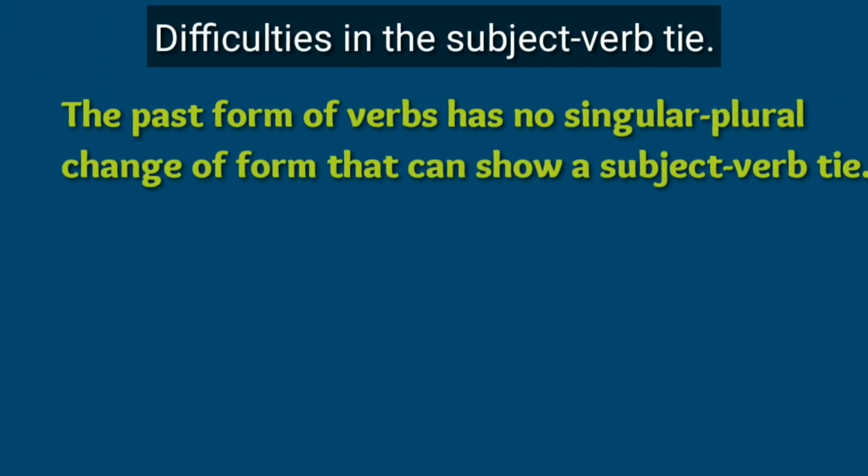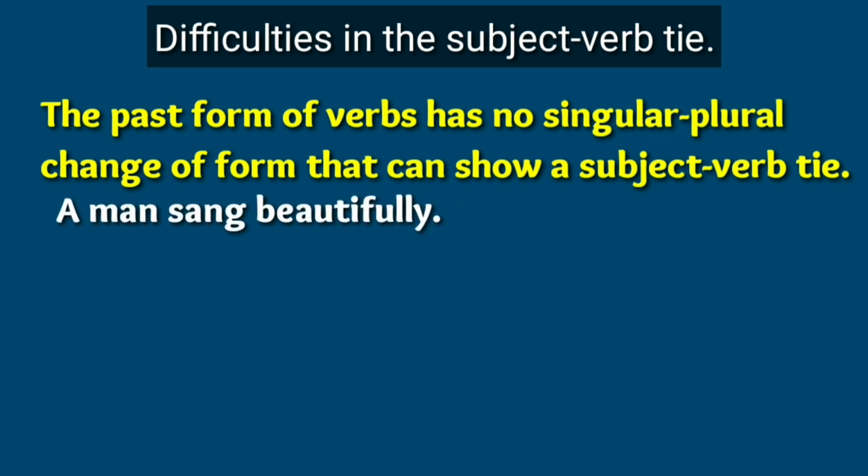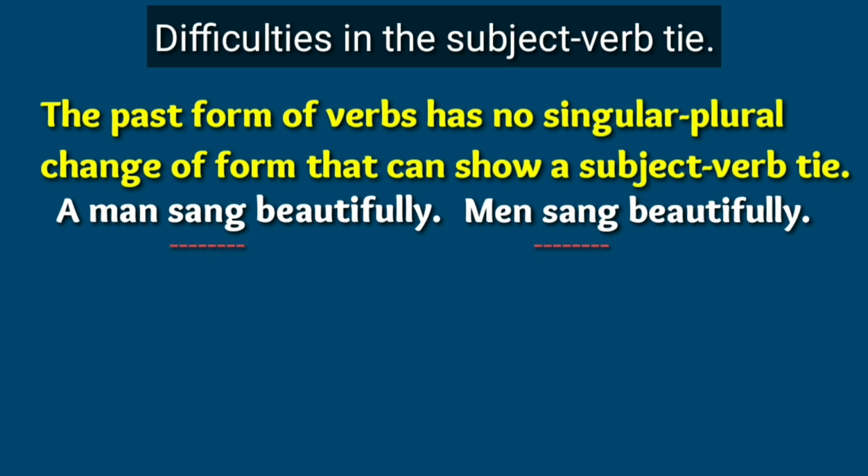The second problem is that the past form of verbs has no singular plural change of form that can show a subject-verb tie. For example, a man sang beautifully. Men sang beautifully. The verb is the same for both man and men.